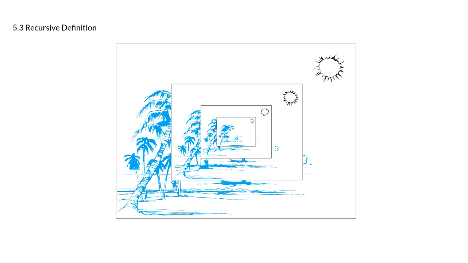Actually, this is quite a confusing picture that the book uses, but one way of seeing this picture as recursively defined is by first assuming that this sequence of pictures that lie inside the same picture go to infinity, so they don't stop here, they just continue to become smaller and smaller and smaller.